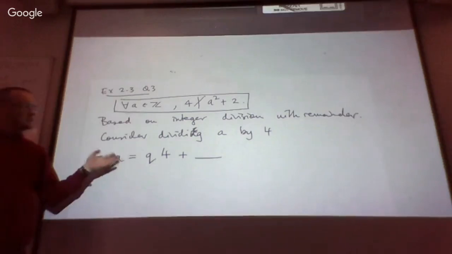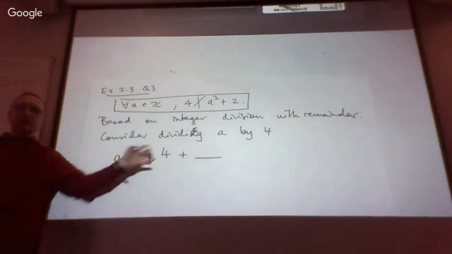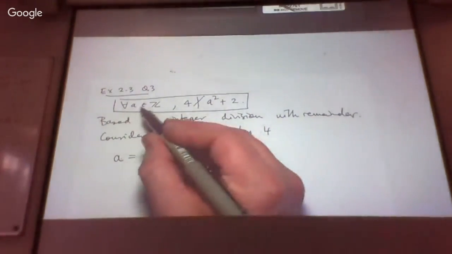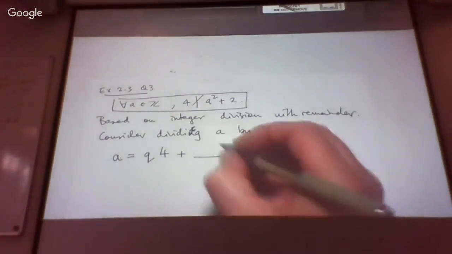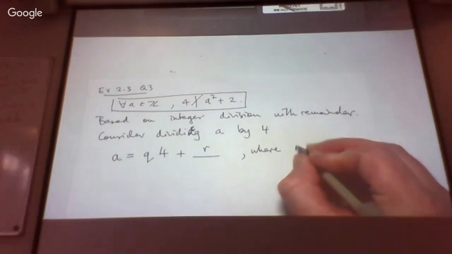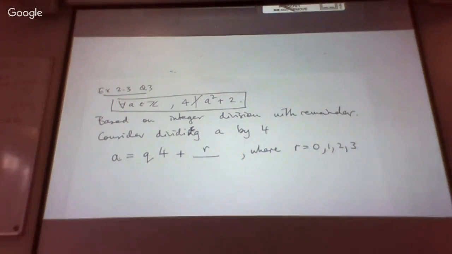But another thing that this integer division with remainder process does, and we'll make a lot of this later on when we look at modular arithmetic, is it splits the infinite set of integers up into a finite number of representatives. In this case, when you're dividing by 4, the only possible remainders you get are 0, 1, 2, or 3.